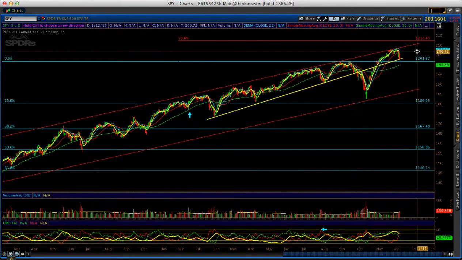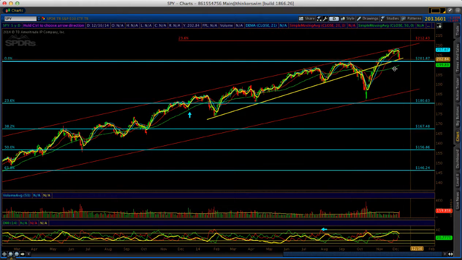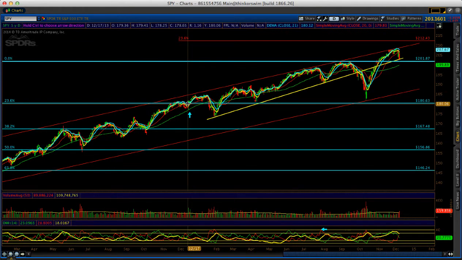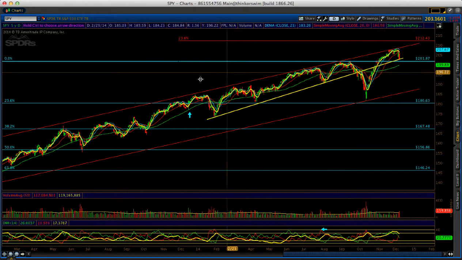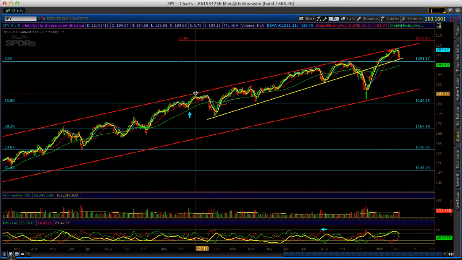Right here, as you can tell, we have a little resistance from this trend line, and also we're going to have support at the 50 simple moving average. If you see price action from last year, we went down to December 18 and we bounced at the 50 simple moving average for a little rally to the top again.